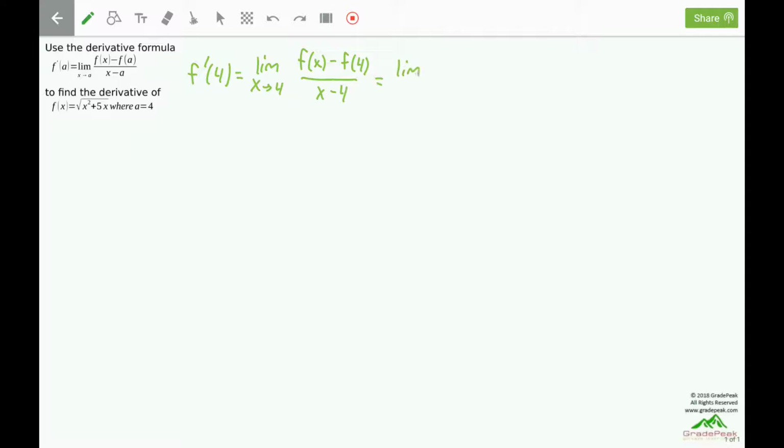The next thing to do is put in f of x, square root of x squared plus 5x, minus f of 4, which means to plug a 4 into the f of x, 4 squared plus 5 times 4 under the square root. And that entire thing is over x minus 4.